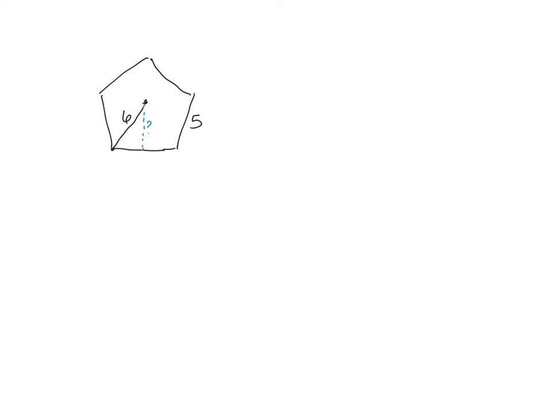If you remember, on the last one I pointed it out. If this length is 5, it cuts it in half down here, so they're each 2.5. 2.5, 2.5 equals 5. So let's pull this triangle out.